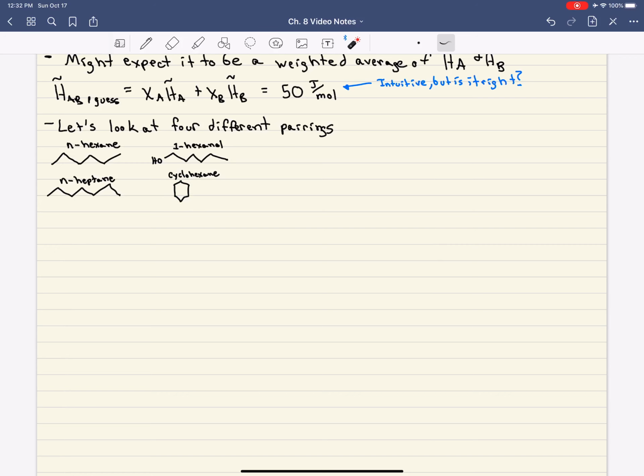Okay? So we're going to look at these actual chemicals. Instead of substance A and substance B, we're going to look at actual chemicals. And in order to determine the molar enthalpy of the mixture, essentially this is the experiment that one would do. Right? Basically, you would take some sort of vessel that had substance A in it, and you would drop in a drop of B. Okay?